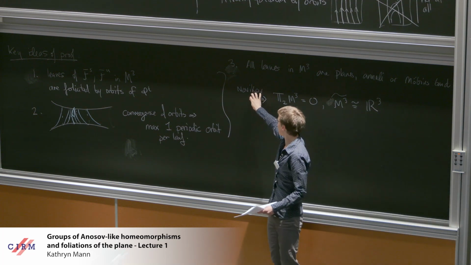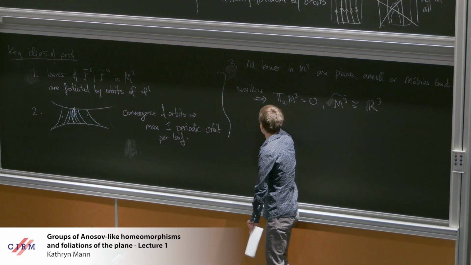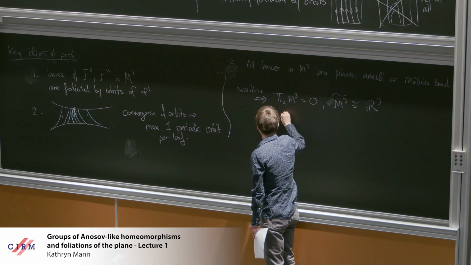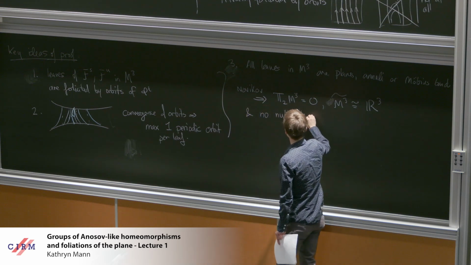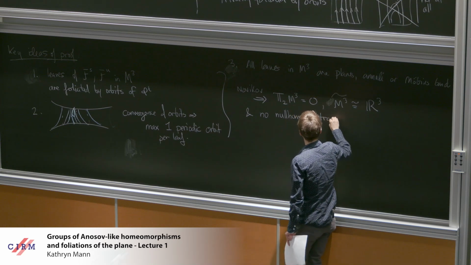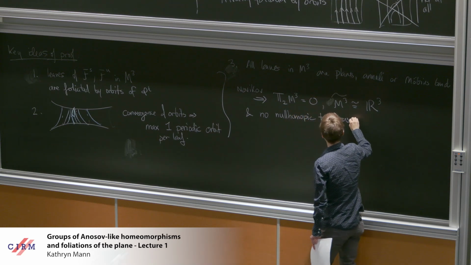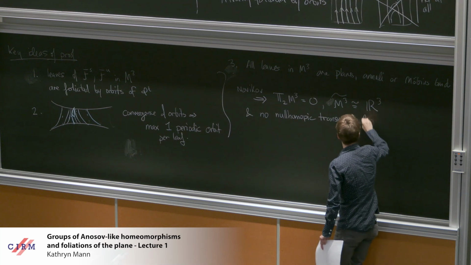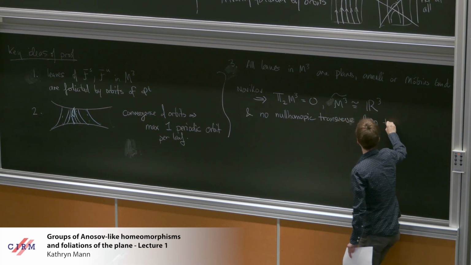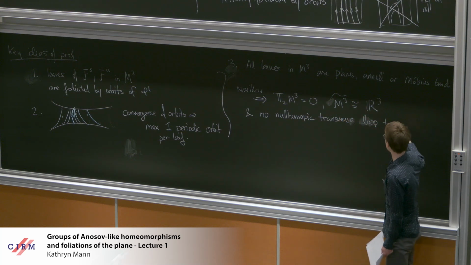And what else does this theorem buy you? The key point is that there's no null homotopic transverse loop to either of these foliations.